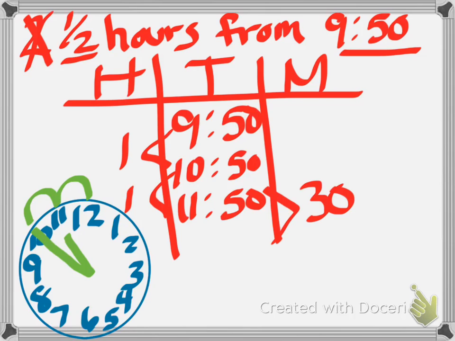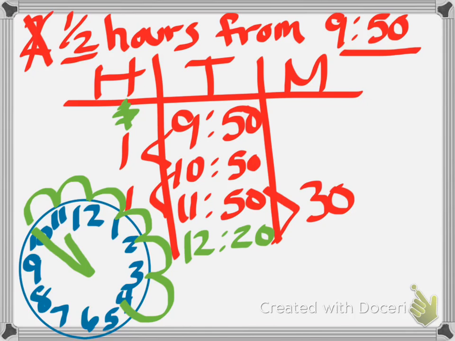That means that our hour is going up to the 12, because we added an hour onto 11 and we're going up to the 12. So that's 5, 10, 15, 20, 25, 30. And how many minutes is that? 12:20 is 2.5 hours from 9:50.